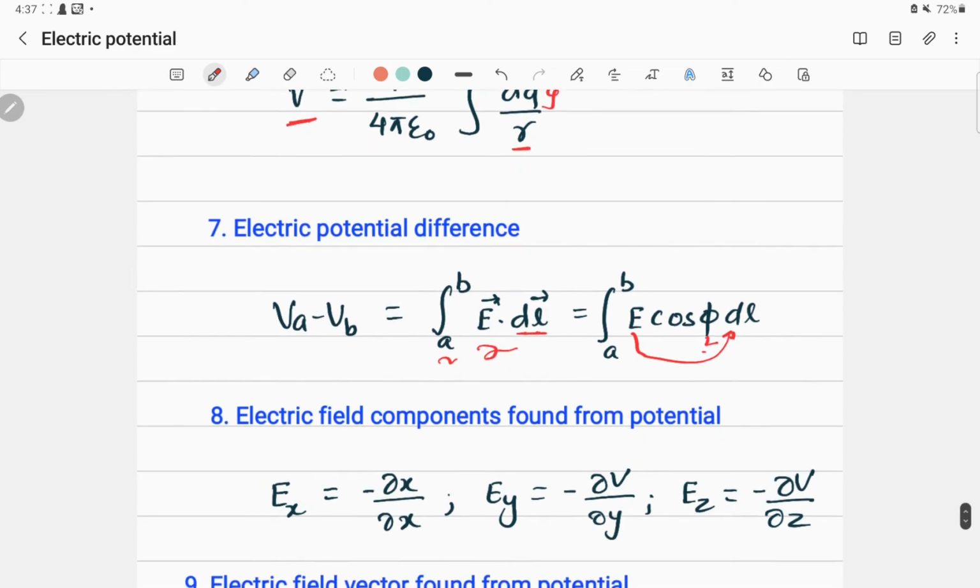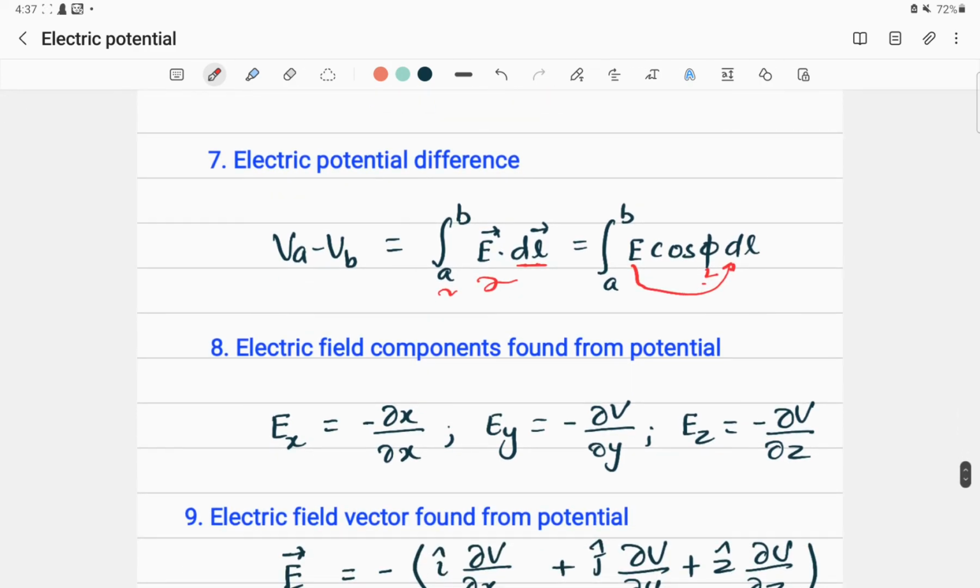Electric field components found from potential. We can find the electric field from the potential. So right here are the x component of the electric field, y component of the electric field, and z component of the electric field. This is not x, so let me correct it. This should be V, okay?